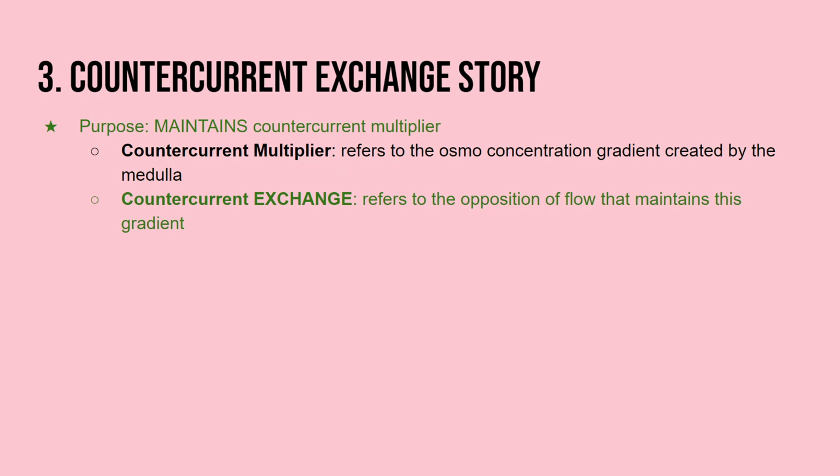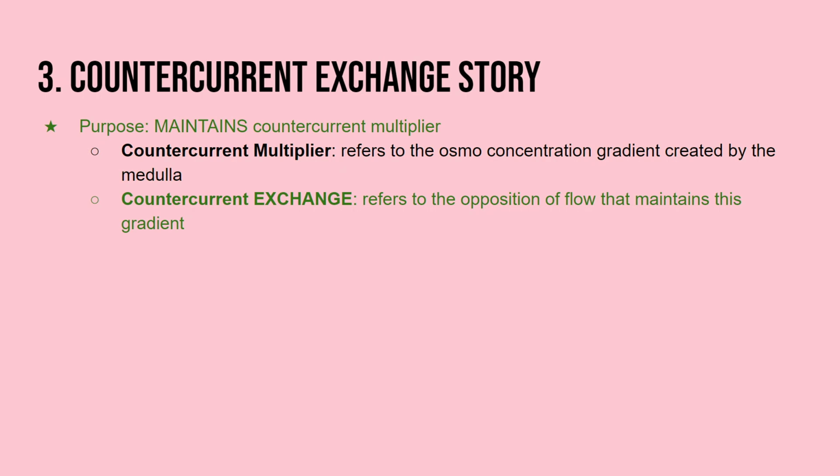So countercurrent just means that, so we know that the filtrate is flowing in this direction through the nephron, down the descending, ascending to collecting duct.